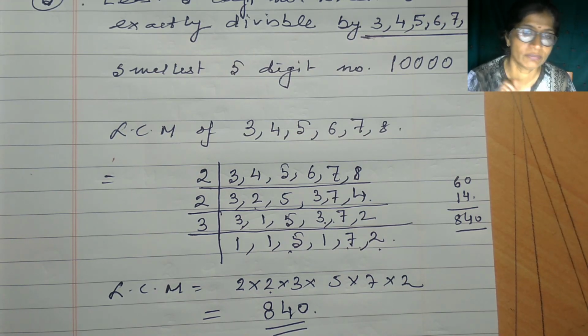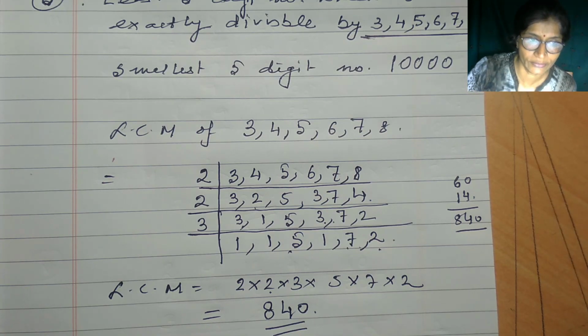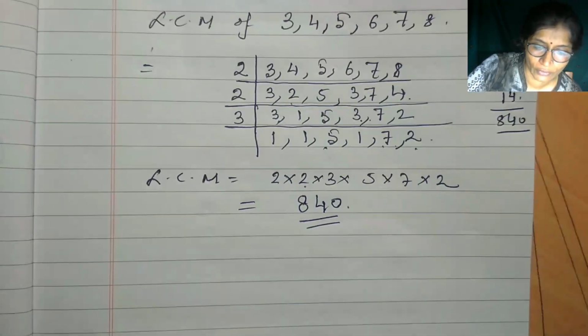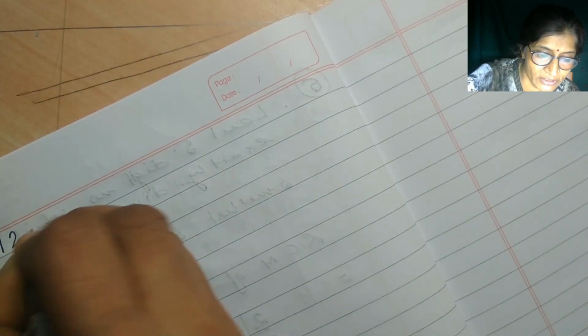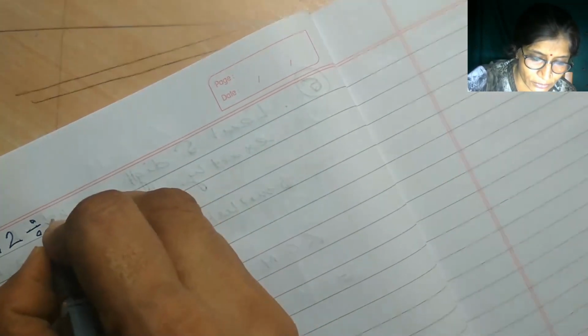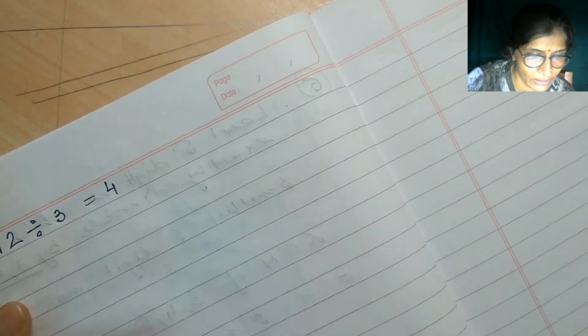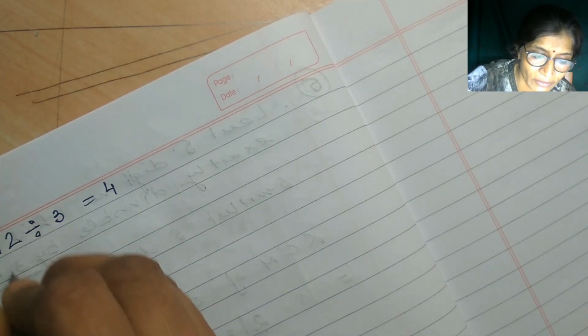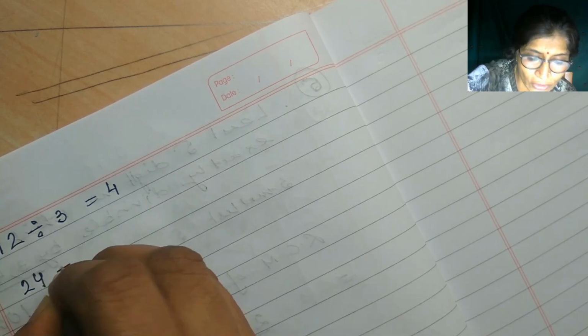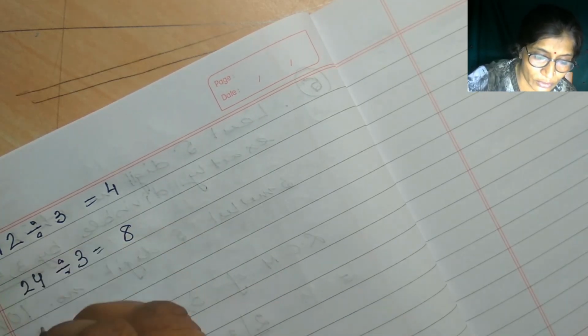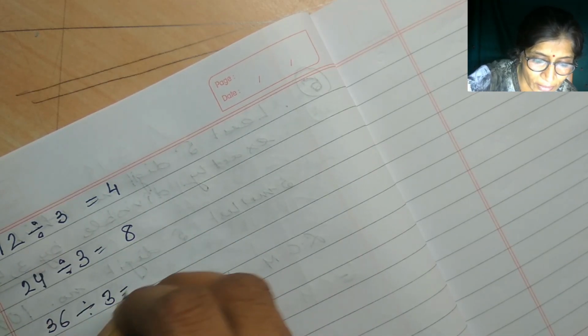Like 12 is divisible by 3, then 24 will also be divisible by 3, and 12 3s are 36, so 36 is also divisible by 3.